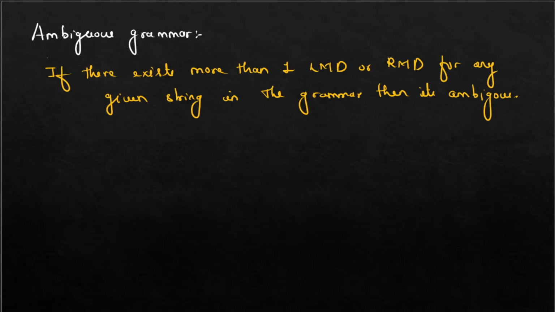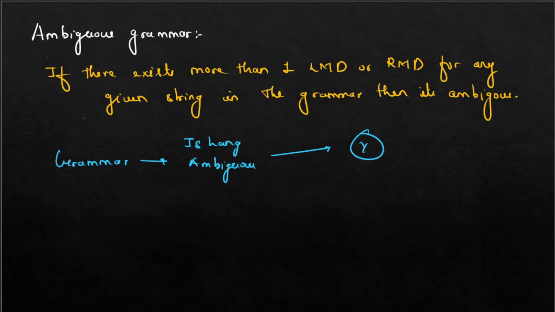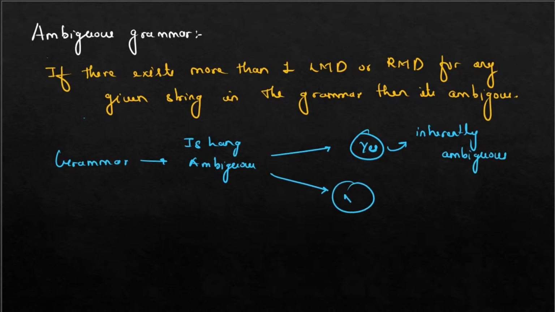So for a grammar, is the language ambiguous? If yes, then it is inherently ambiguous. If no, then it can be converted.